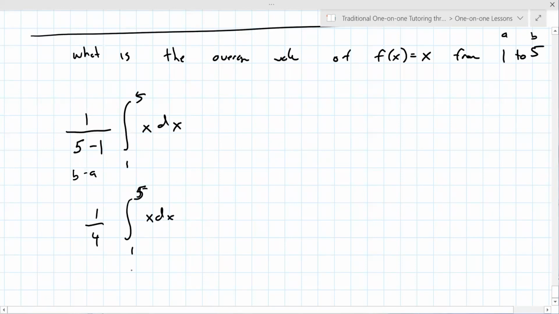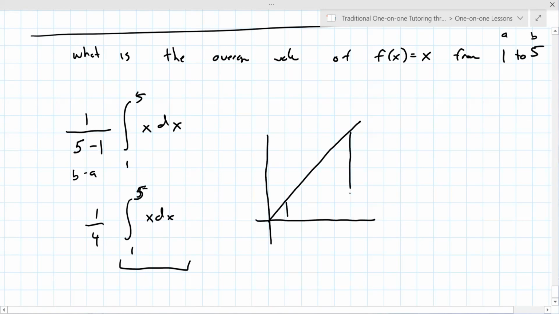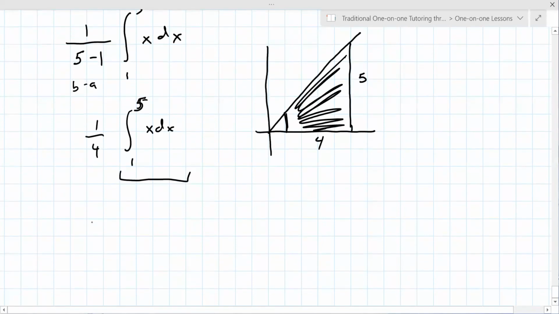For this part right here, since you don't know any formulas for that, you have to graph it and say, oh yeah, it's the triangle. We've got to find this area. The base is 4 and the height is 5, so 20, and half of 20 is 10. So it's 1/2 times 4 times 5 equals 10, and 10 over 4 is 2.5.